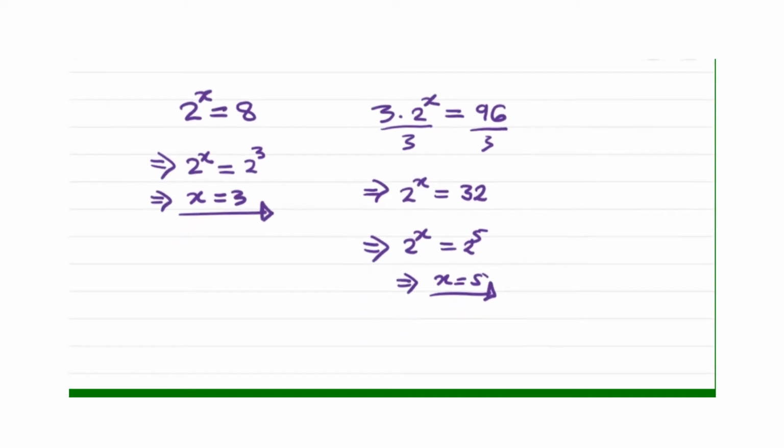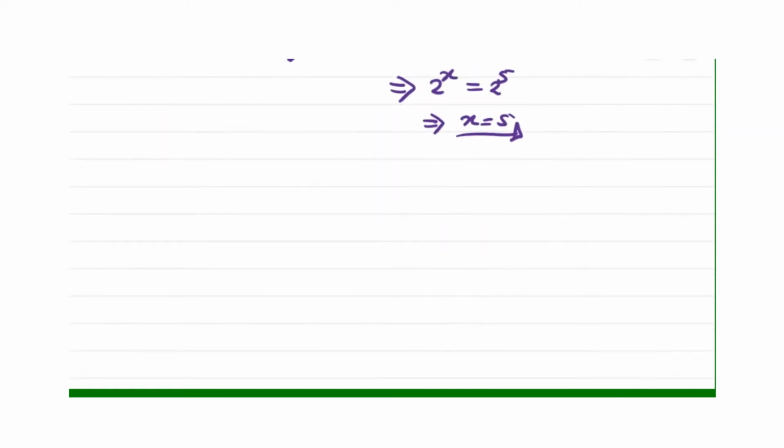Right, looking at a bit of higher order examples, let's look at a question like 2 to the power x plus 1 is equal to 2 to the power x plus 4. On 2 to the power x plus 1, we must be able to break it down.